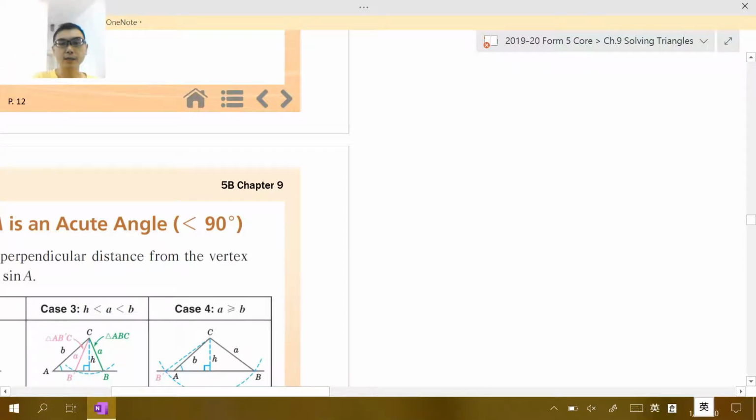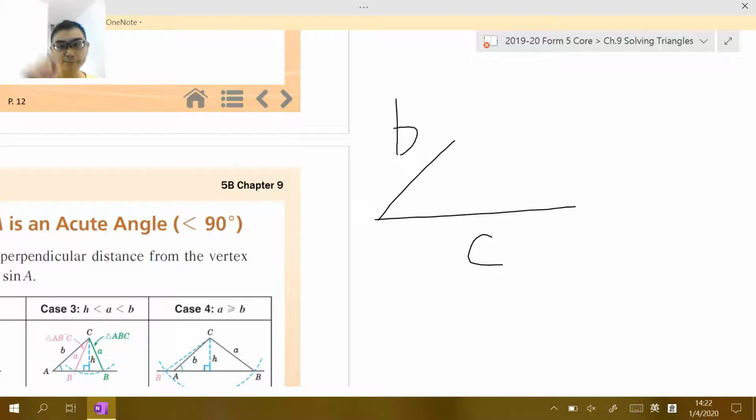For example, as the book says here, this one is length c, and then I have the angle B here, so it will be something like this. We assume that this angle is less than 90. Later I will talk about when it is more than 90.